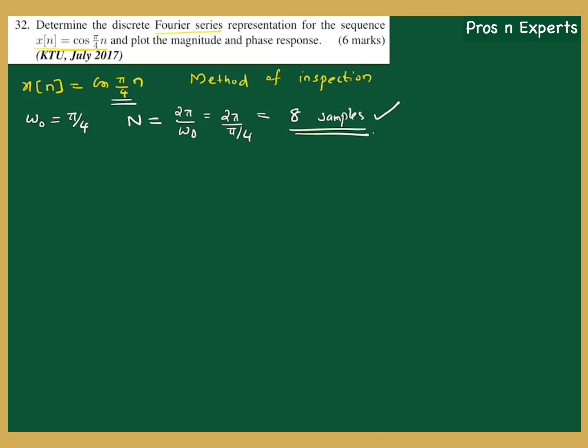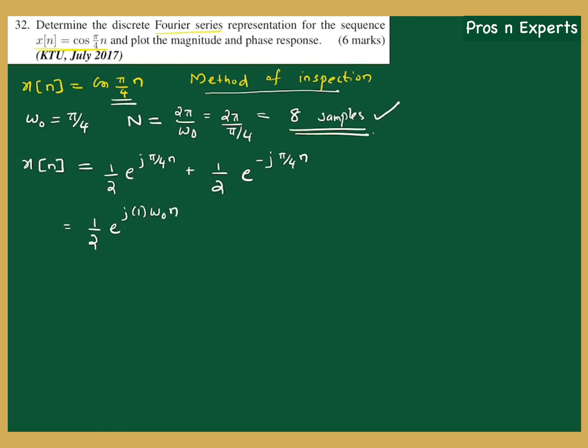Now let us write x of n in an easier form to make the method of inspection convenient. You know how to write cos theta: cos theta is half e raised to j theta plus half e raised to minus j theta. So this is half e raised to j pi by 4 n plus half e raised to minus j pi by 4 n, and I'm writing it as half e raised to j into 1 into omega 0 into n.